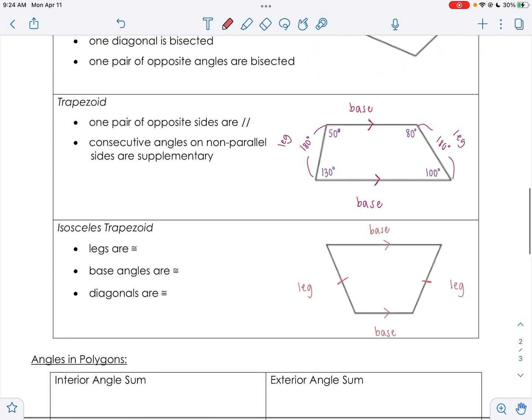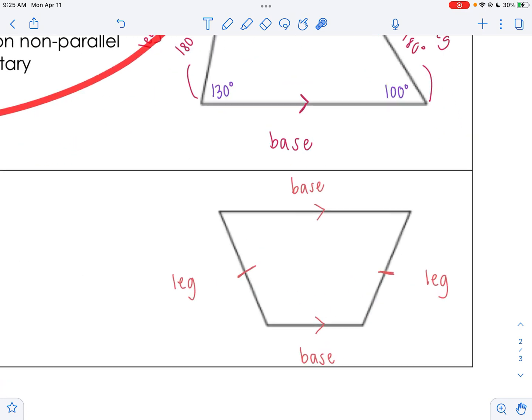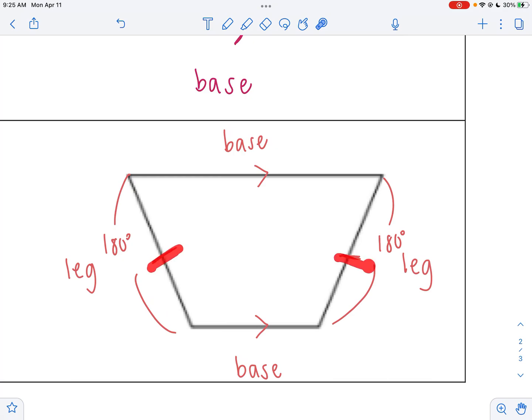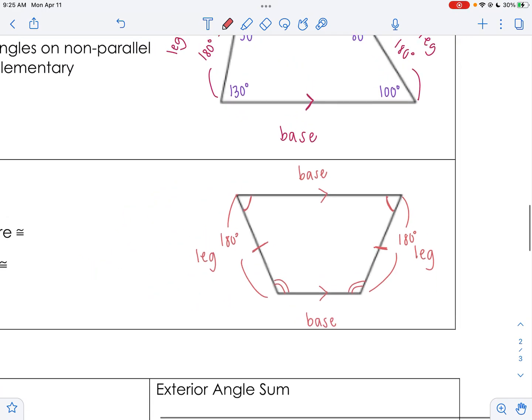Because an isosceles trapezoid is a trapezoid, all of these rules still apply, meaning that the legs are still going to add up to 180. But because it's isosceles, because there's ticks here, it means that our base angles are going to be congruent as well. This angle will be congruent to that angle, and down here, these base angles will be congruent to those base angles.